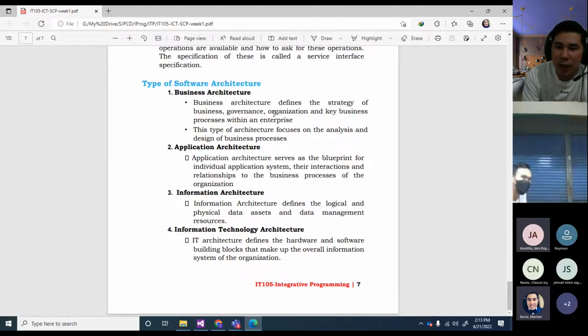But overall, when we talk about ITA, or information technology architecture, this combines hardware and software components. So that is the SCP week 1.